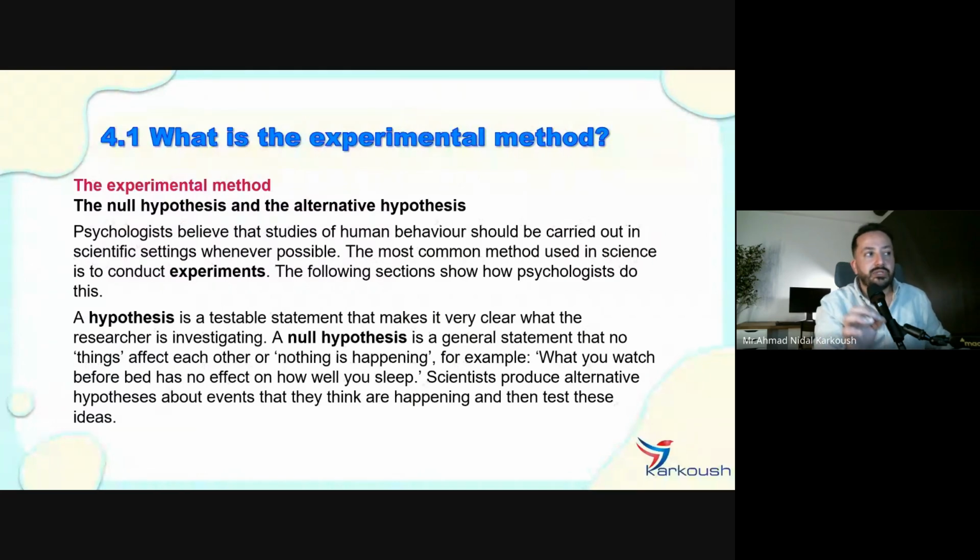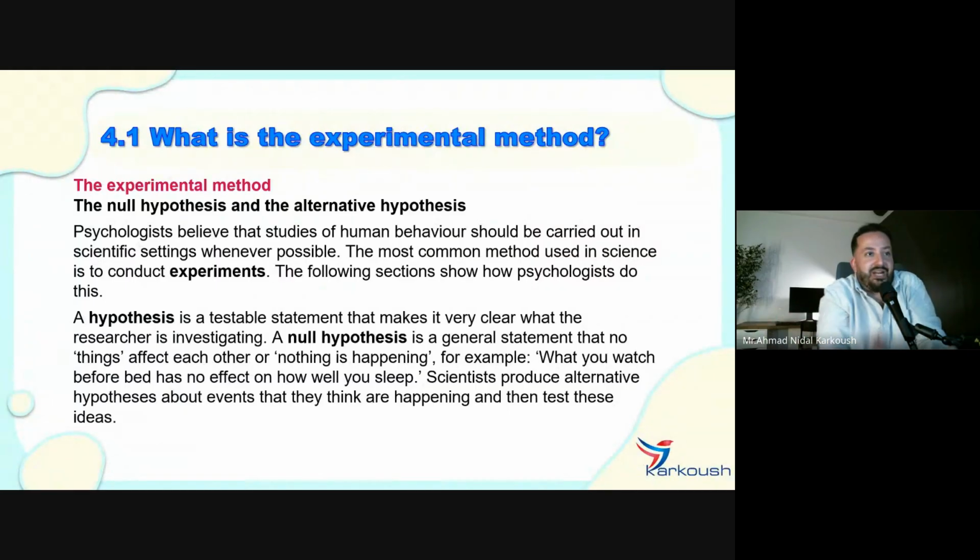Scientists produce alternative hypotheses about events that they think are happening and then test these ideas. So the scientist actually writes a hypothesis, and that is called an alternative hypothesis, and then they test it. So I write something like, watching horror before sleep will make you urinate yourself.